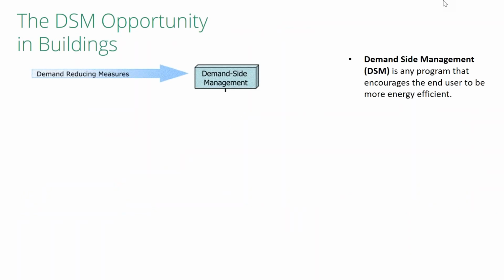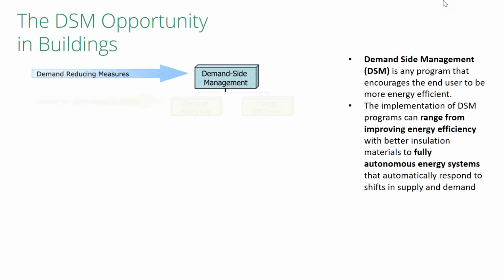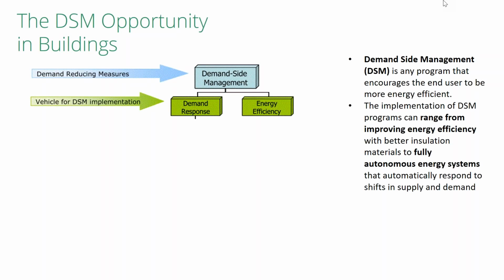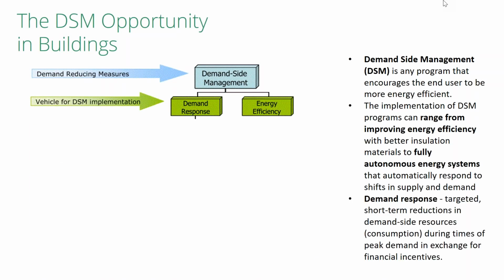Okay. So what's the theoretical definition of demand-side management? It's any program that encourages the end user to be more energy efficient. The implementation of demand-side management programs can range from improving energy efficiency with better insulation materials, for instance, to fully autonomous energy systems that automatically respond to shifts in supply and demand.